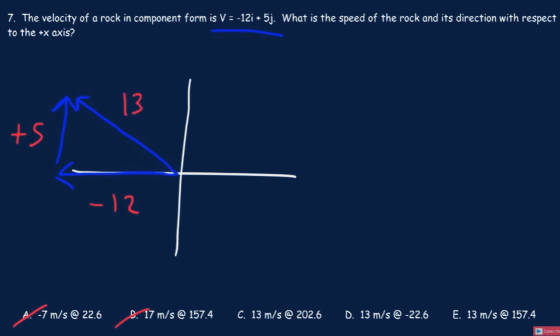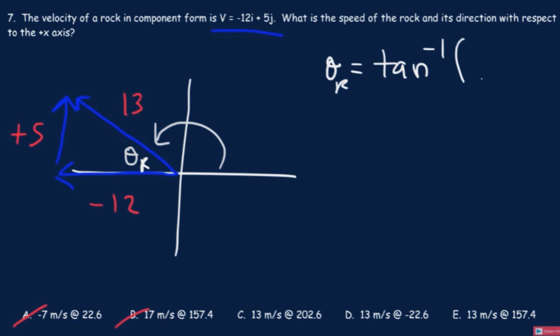First, we need to calculate the reference angle, but our goal is to find the direction with respect to the positive x-axis. So this is the angle we need to find. The reference angle is arc tangent of Vy divided by Vx. Just make everything positive, and this will give you a positive reference angle between 0 and 90.